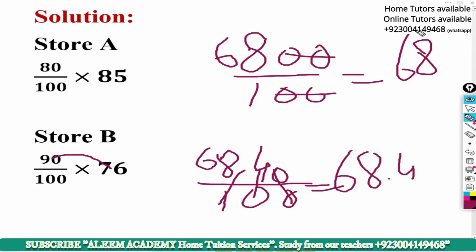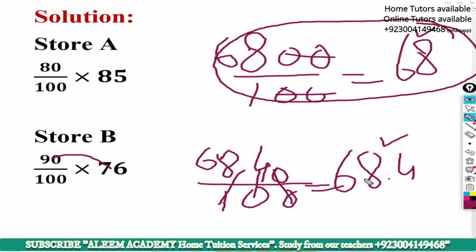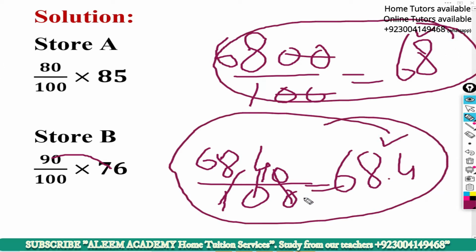Over here you are getting 68, here you are getting 68.4. So Store A is cheapest. Store A is better because it is giving you more discount. Alright, you got it. So Store A is better, and this is the further calculation. You can also do this calculation in your examination if you have time. Otherwise this calculation is enough.